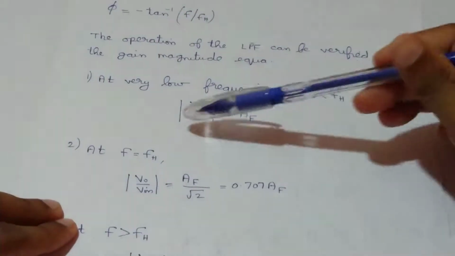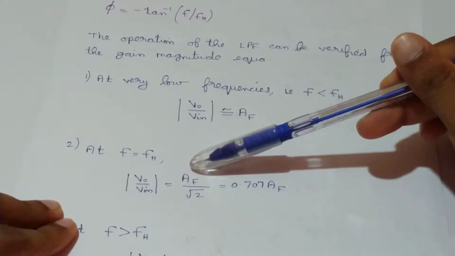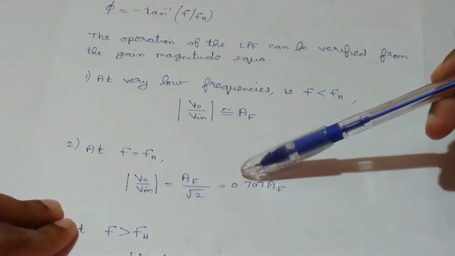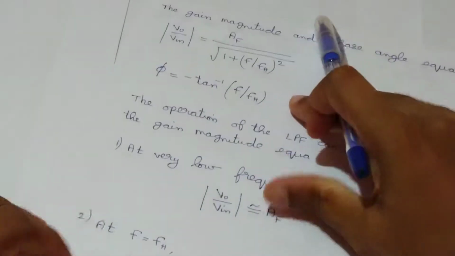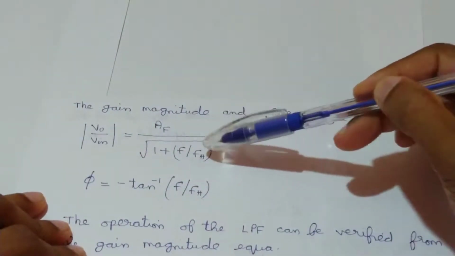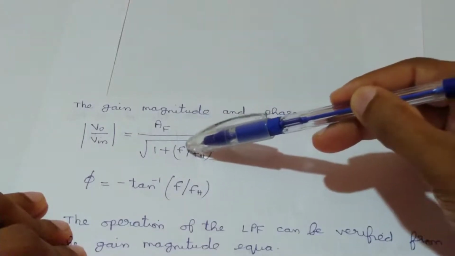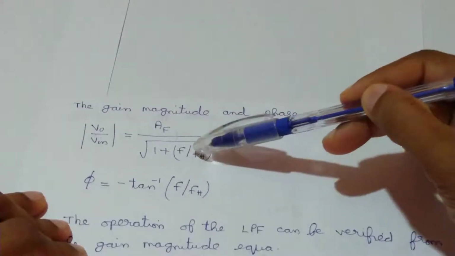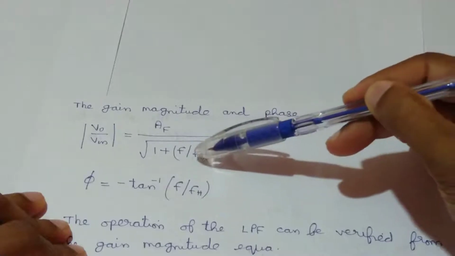Now at f equal to fh, mod Vout by Vin is equal to AF divided by root 2, or that is equal to 0.707 AF. How will we get this? We can consider this equation. Here when f is equal to fh, this f by fh value will be 1, because it will be fh by fh, and we are squaring that value, so 1 squared will be 1.